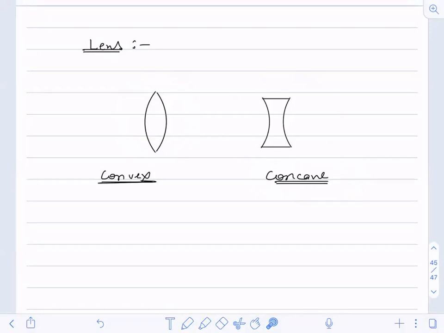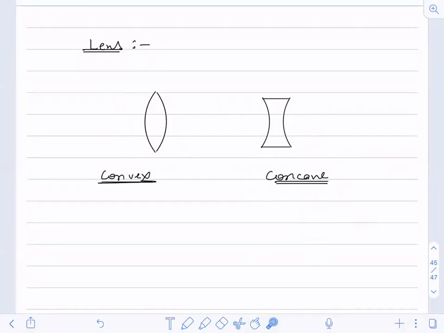If you can see this part, does it look like a cave? A cave having an opening like this, and another cave like this. Understood?